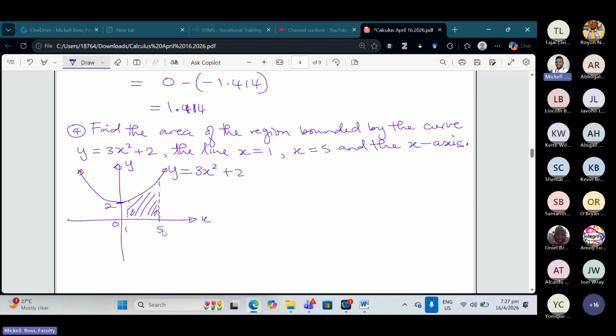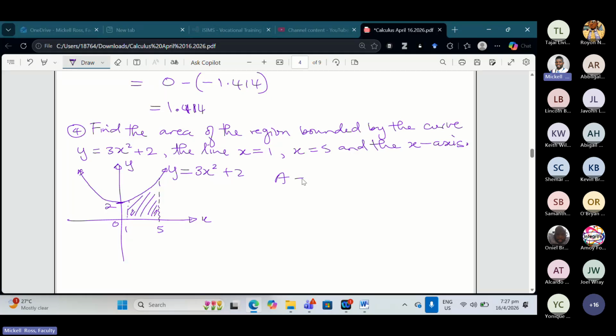So between 1 to 5, this is the line. So you have the line x equal to 1, the line x equal to 5. You have the curve, and you also have the x-axis. So all of these lines bound this particular region that you're finding the area for.